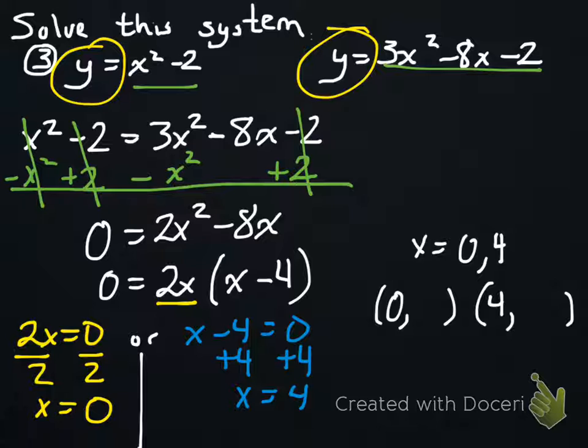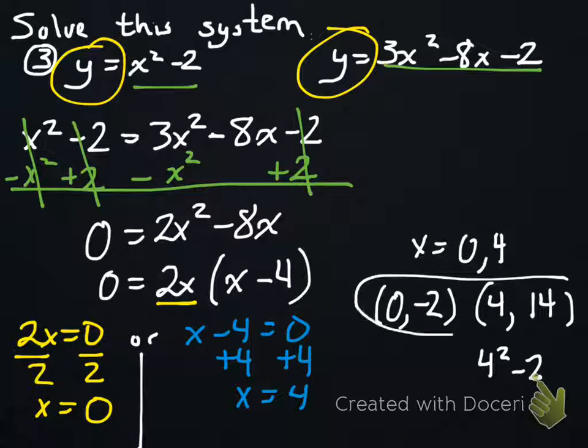So let's do it together, and we're going to do it just orally. So 0 squared minus 2 is negative 2. And the other one, 4 squared minus 2. So 14. Because 4 squared is 16, minus 2, 14.